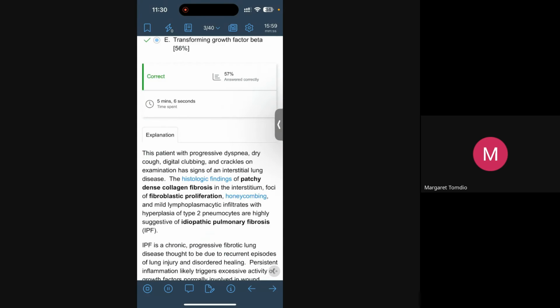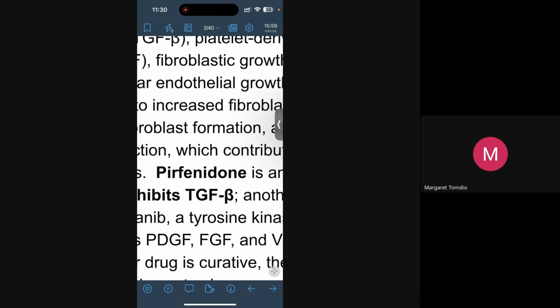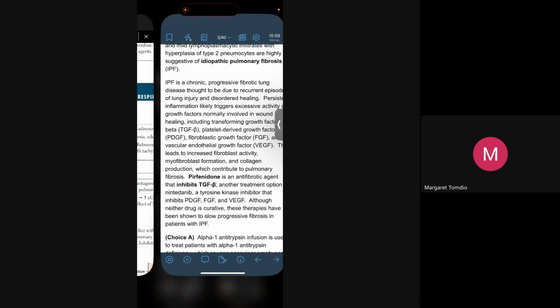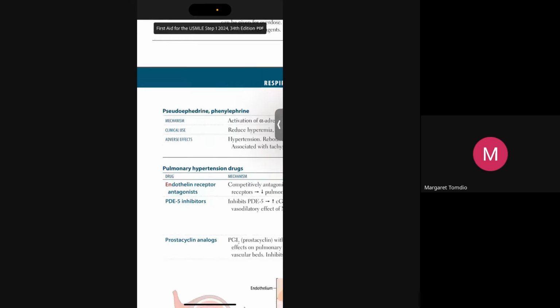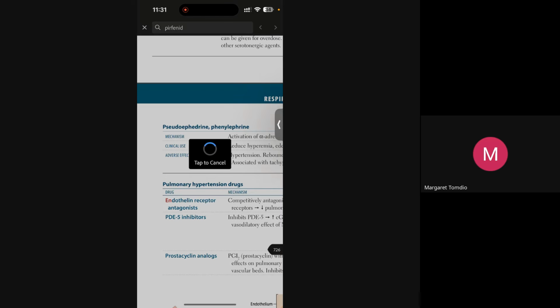And the drug we use for it is pirfenidone. I think it is written somewhere in the immunology section. Let me search for this. Pirfenidone is written somewhere, because I know there are questions regarding pirfenidone in Step 2 CK.